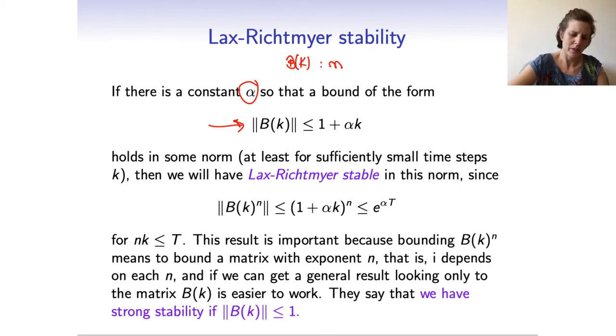So we are basically putting some bound on the eigenvalues of this matrix B. If there is a constant alpha so that the bound of the form holds in some norm, or at least for sufficiently small time steps k, then we will have Lax-Richtmyer stability in this norm, since this happened.